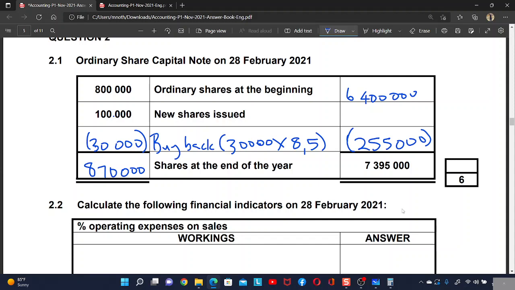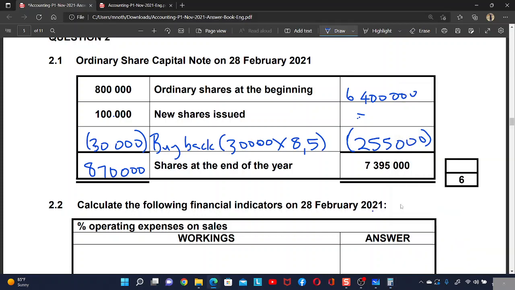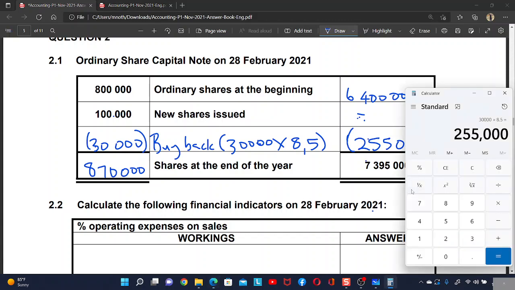Now to get the new shares issued, we're going to do the reverse, because to get this one, we said 6 million plus new shares minus buyback, then you get the shares at the end. So we're going to do it in reverse.